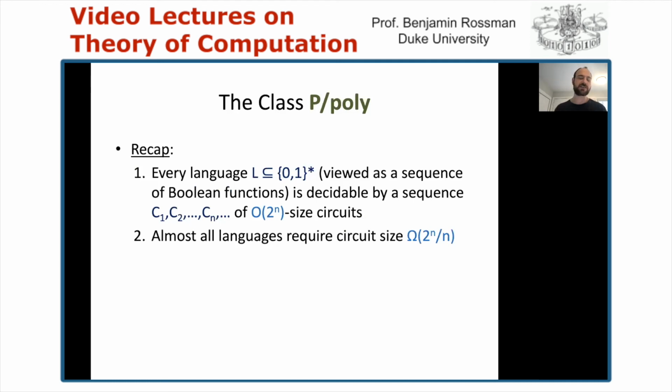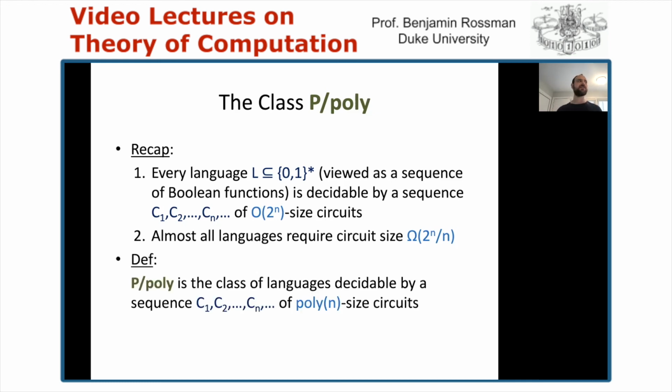Let's recall what we've shown so far about Boolean functions, but in terms of languages. Every language L, viewed as a sequence of Boolean functions, is decidable by some sequence of exponential size circuits. Then we showed Shannon's theorem that almost all languages, on the other hand, in fact require exponential circuit size.